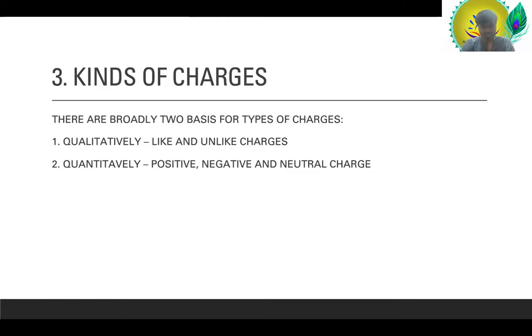Charges are broadly divided into two types, or you can say two bases. The first basis is qualitative, that is, like and unlike charges. And the second basis is quantitative, that is, positive, negative, and neutral charges.